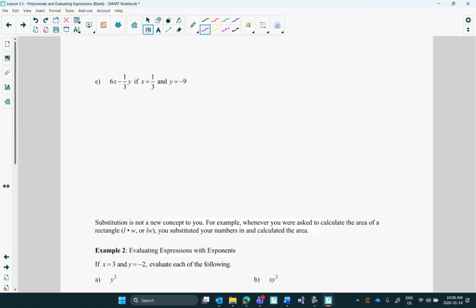This one, we got some fractions, that's okay. So 6, instead of x, I put 1/3, minus 1/3 times, instead of y, I put -9.